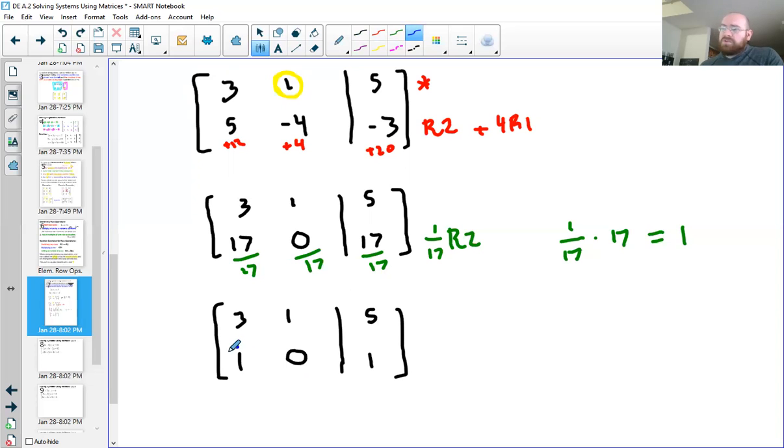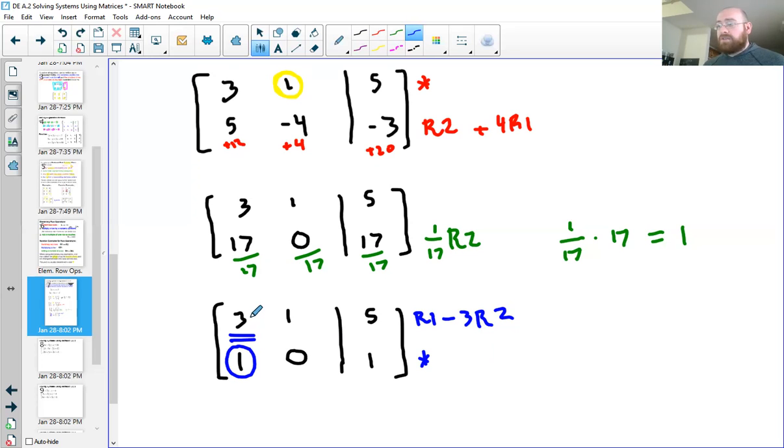We can now use the 1 that we've obtained in our second row to cancel out the 3 in the first row. Since I'm using row 2 to modify row 1, I'm going to put a star beside it because it's our pivot. And then we're going to do row 1. In order to cancel out the 3, I need to subtract 3 times row 2. And once more, I'm going to write next to the numbers what I need to change.